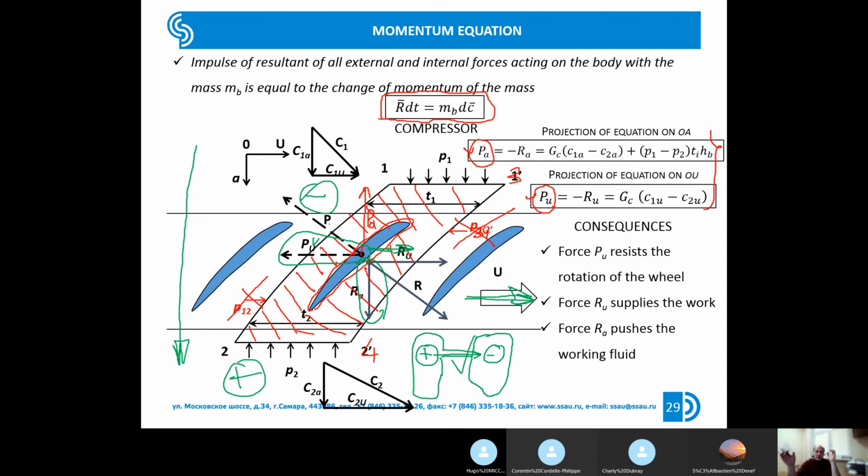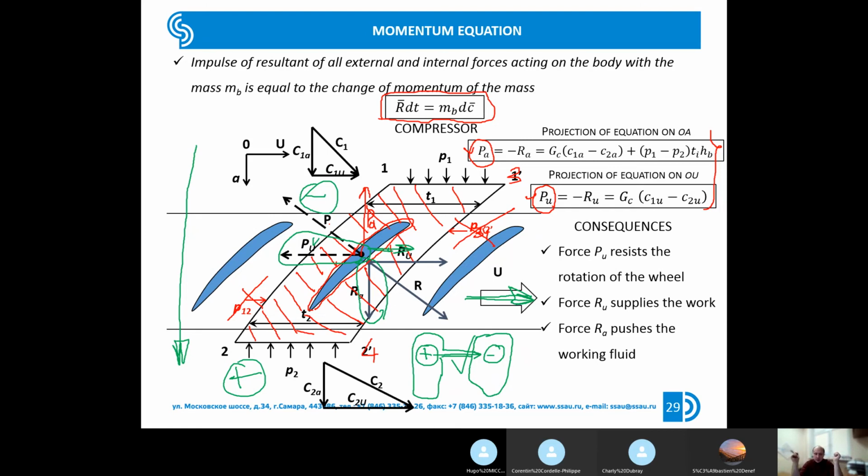And finally, this law explains why we need to supply mechanical energy to the compressor, and why the air comes through the compressor from the region of low pressure to the region of high pressure. So I think that's all about this equation.